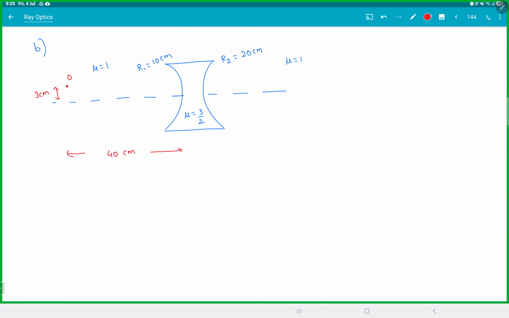Find the position of the image. Get this again, just a formula substitution.